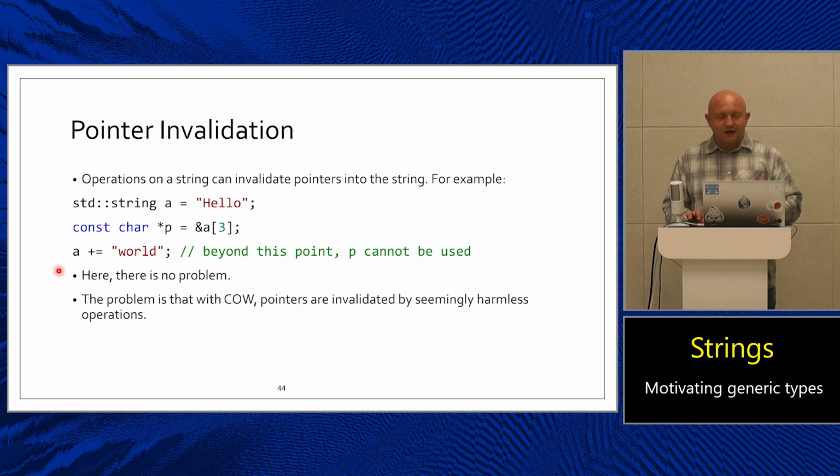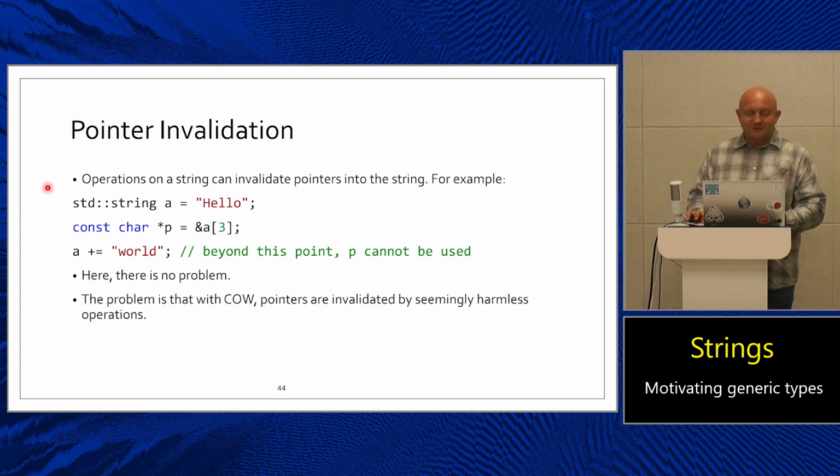Pointer invalidation happens, and that's normal. We are used to pointer invalidation. It's like the regular dead parrot case. So we have string hello. We took a const char pointer p. We amend this string with a word, and now this p is a parrot no more, because it may dangle.